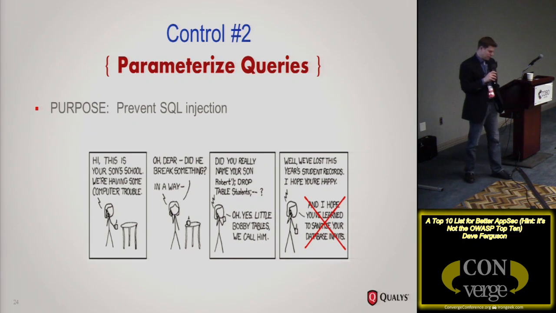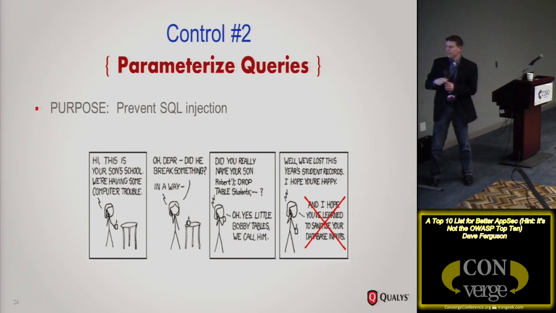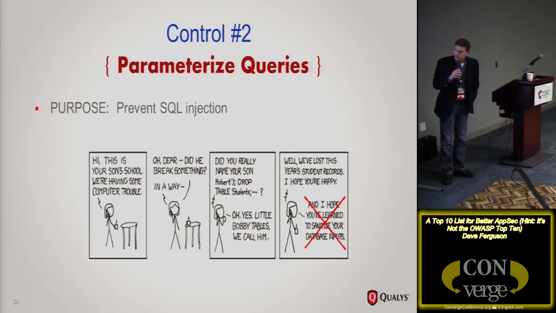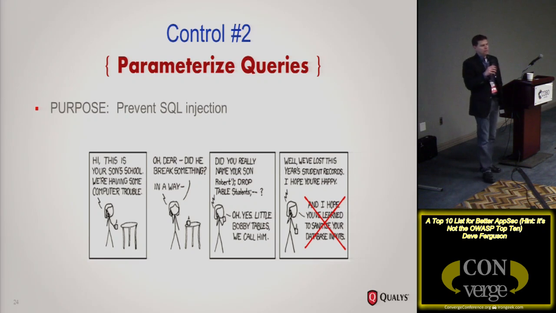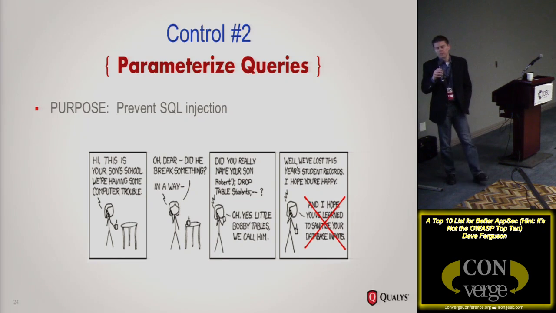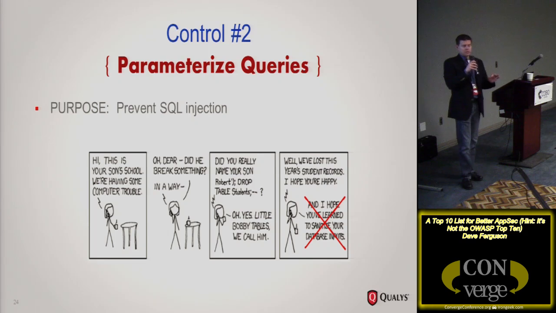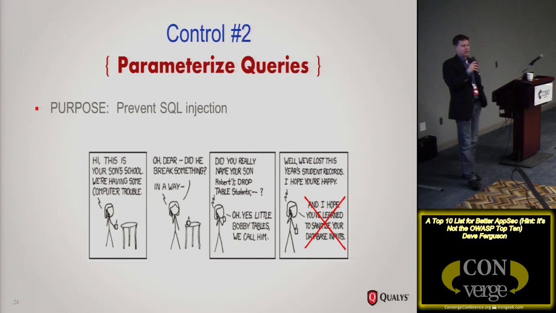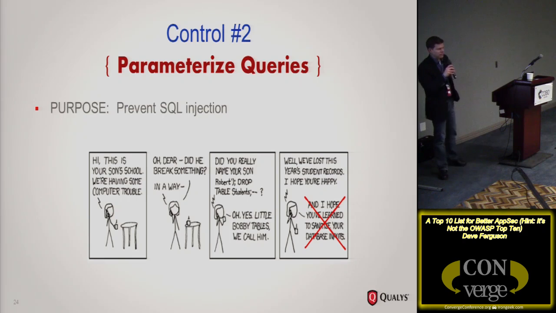It's a great, very famous comic, but I crossed out this part: "I hope you've learned to sanitize your database inputs," because that's not how you stop this. We're talking about SQL injection. You don't stop SQL injection by sanitizing inputs. You stop it by parameterizing queries. So I love this comic, but it's unfortunately not quite right technically.